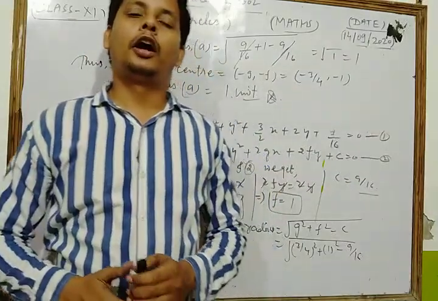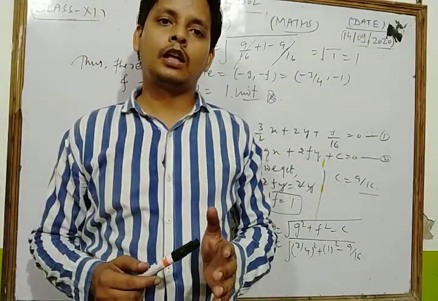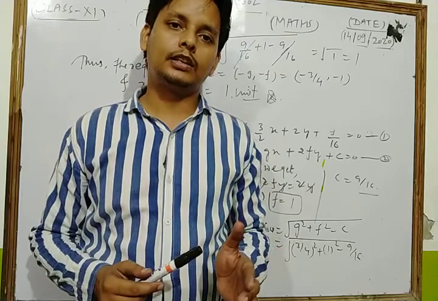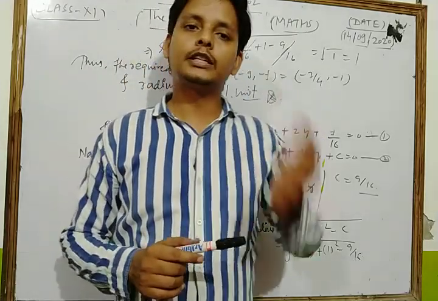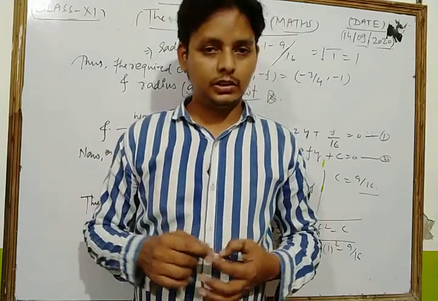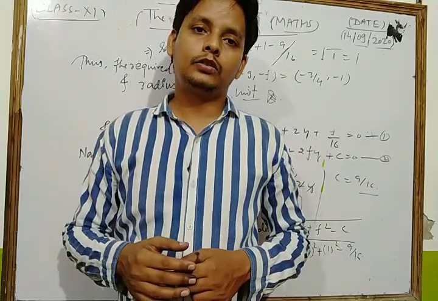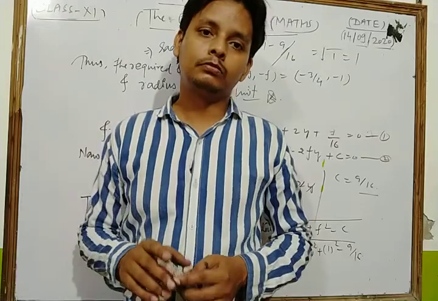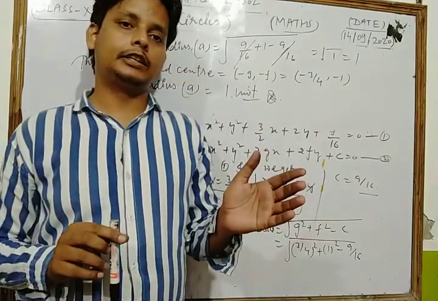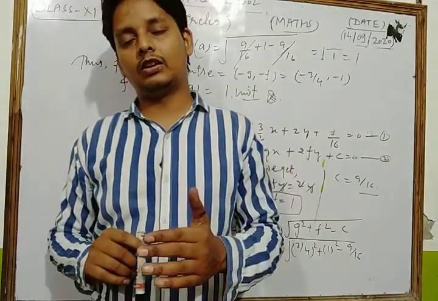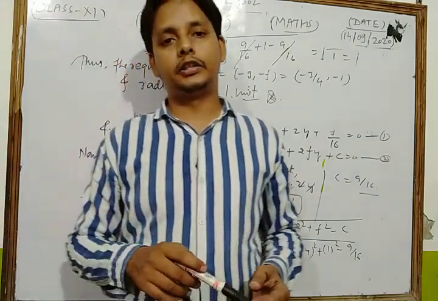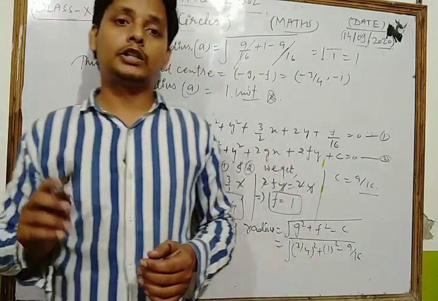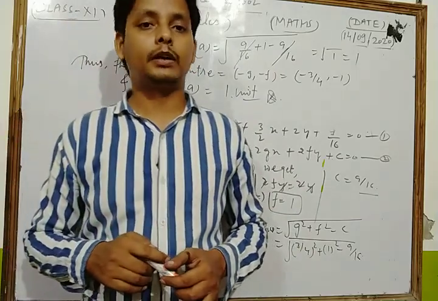Dear students, in this way today we discussed the general equation of the circle, which is in the form x² + y² + 2gx + 2fy + c = 0, and we proved that theorem. We discussed that the center of the general equation of the circle is (−g, −f), and the radius is the square root of g² + f² − c.